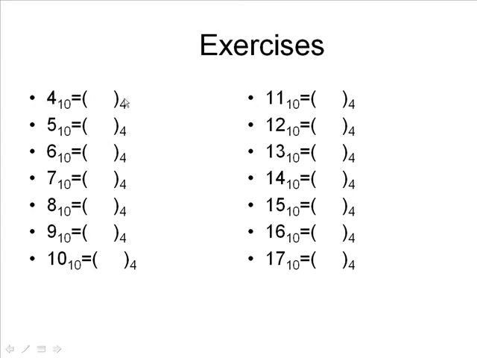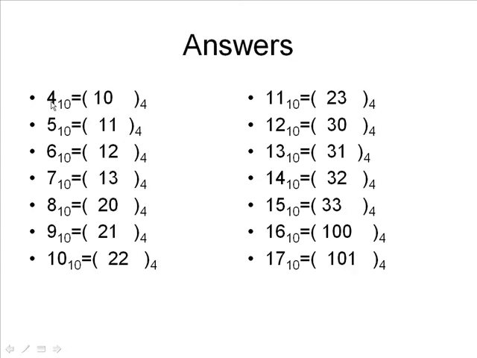The numbers in base 4, from right to left, the digits represent 1, 4, 4 squared, 4 cubed, and so on. So the number 4 here means 1 four. So we can put 1 in the position which represents 4.